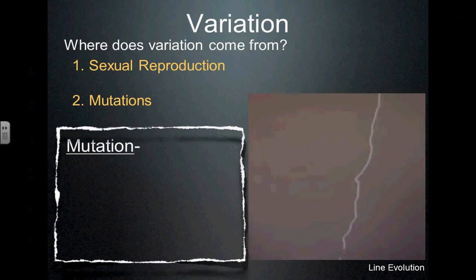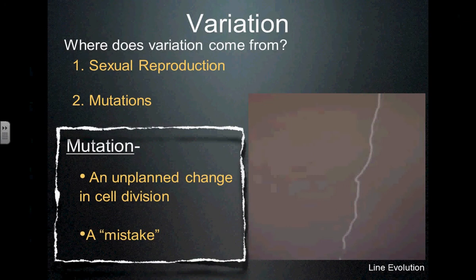You can think of DNA as kind of like an alphabet of letters that make who we are, and sometimes one of those letters gets changed by accident. It's an unplanned change, kind of like a mistake, an error in the copying of the DNA.